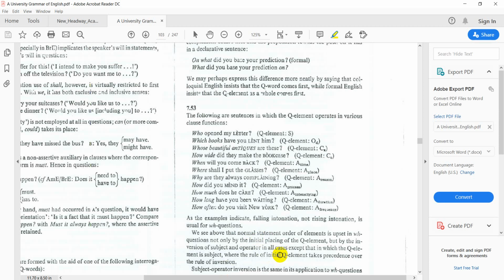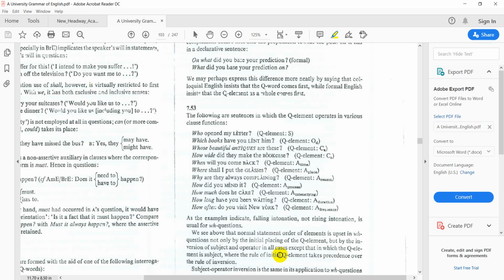So what is common between WH questions and yes/no questions is that in both there is an inversion between the subject and the operator. All the time the operator precedes the subject.